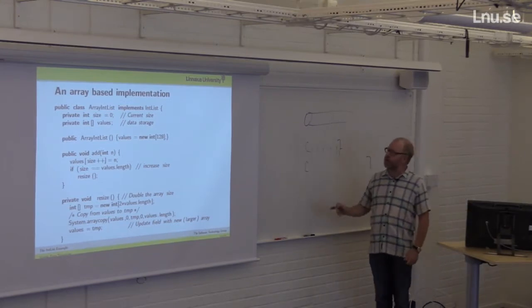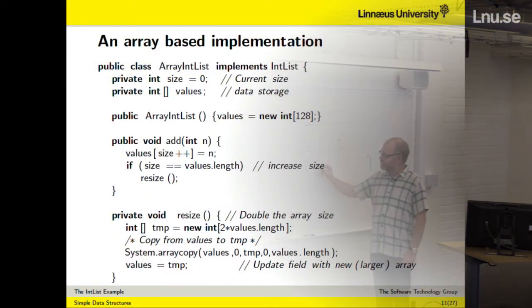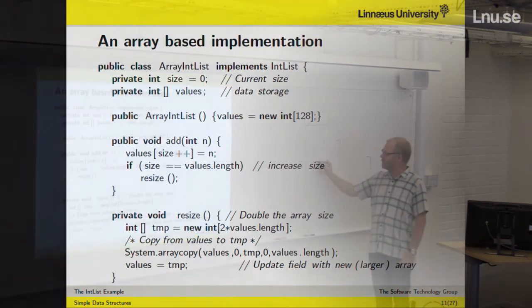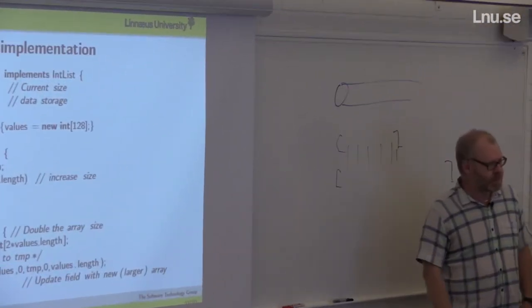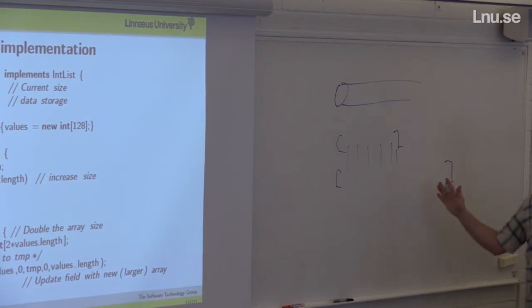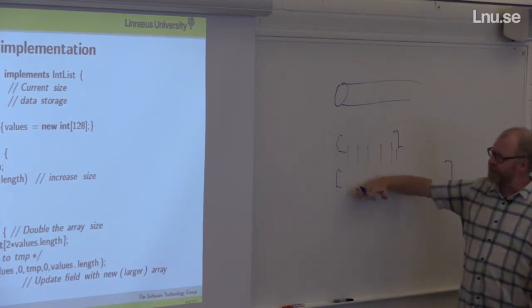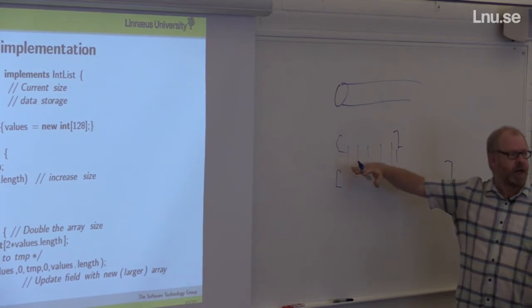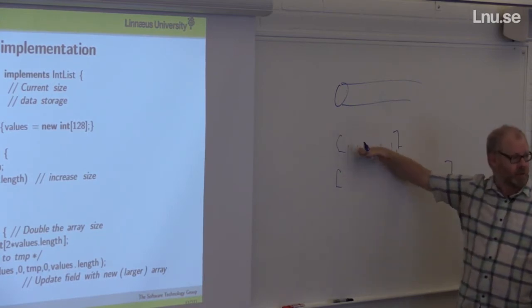Why not start with size 1? And then when we are adding a new element, we are creating a size 2 and size 3. Why make it bigger, it's a waste of space in many cases here. Why not keep it as short as possible? Speed. In that case, every time I'm adding a new element, I would have to create a new array and move all the elements from the old one to the new one.